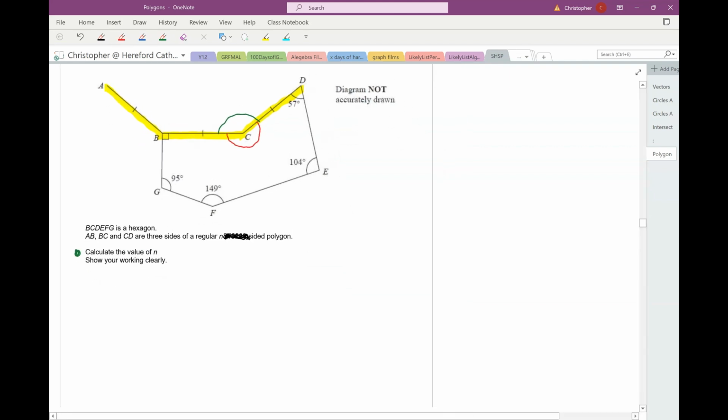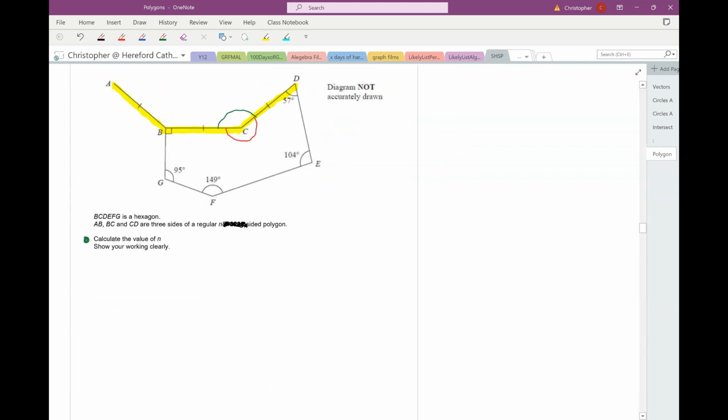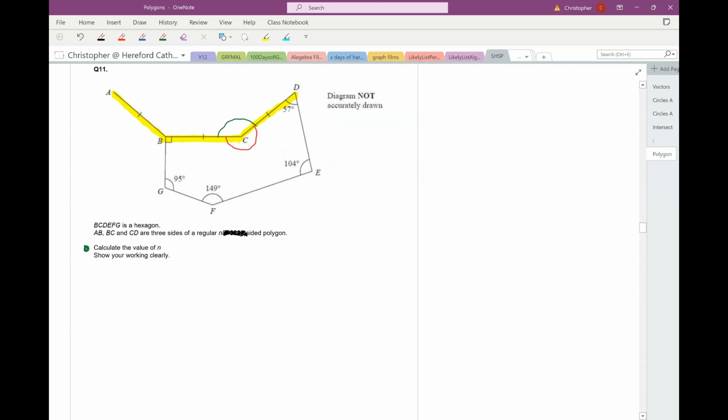Well, the red angle is one of the interior angles of this blue hexagon here. Now, I've been given lots of angles of that blue hexagon, except actually that angle at C. So why don't I work out that angle at C, and then I can do 360, take away that angle at C to get my green angle.